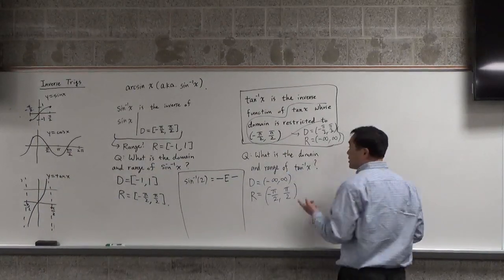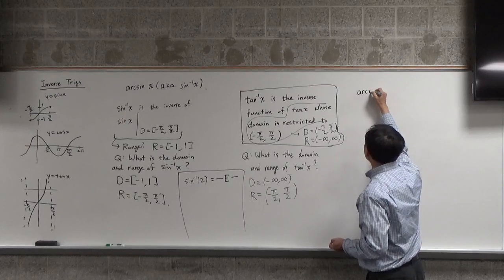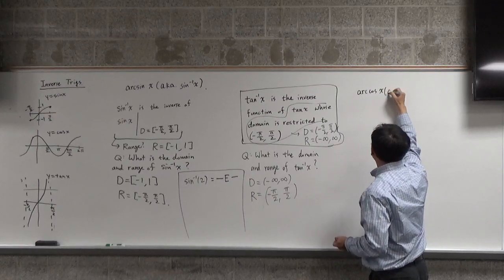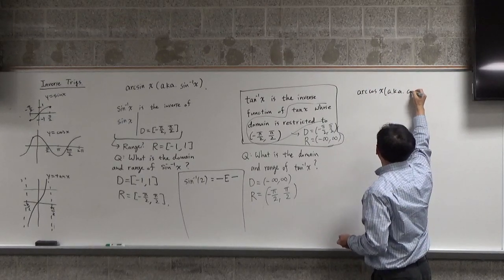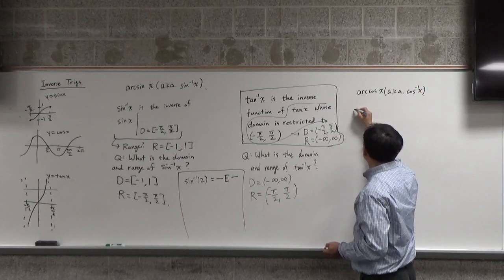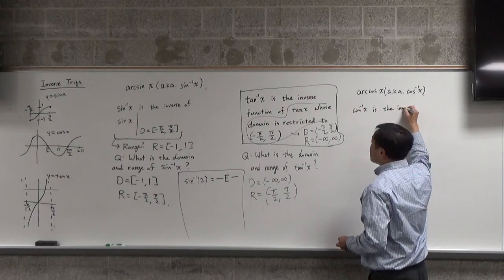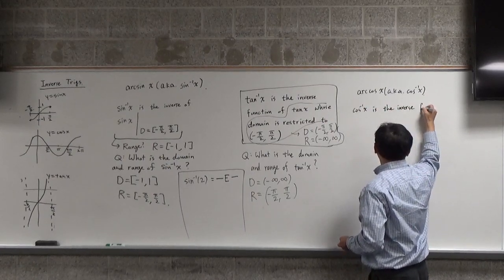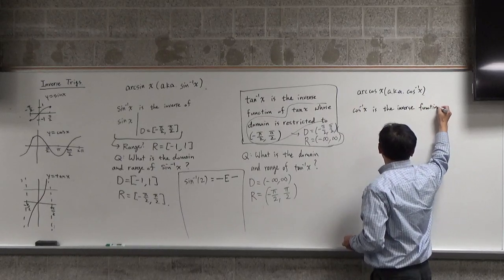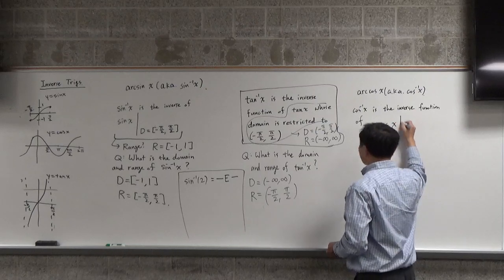All right, and for the arc cosine, it's the same story. Arc cosine of x, aka cosine inverse of x, is the inverse function of cosine x restricted to somewhere.